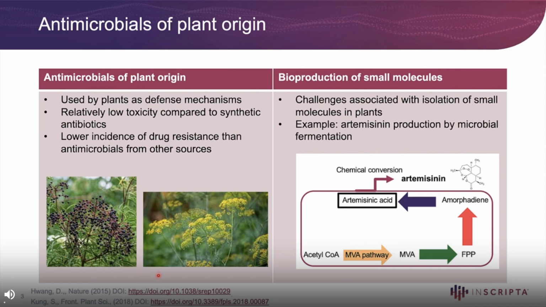Shown here are two plants that I think we're all familiar with. On the left is elderberry, and that was found to have antimicrobial activity against clinically relevant strains of bacteria. And then shown here on the right is dill, and that was shown to also have antimicrobial activity against bacteria due to the terpenoids that it produces.